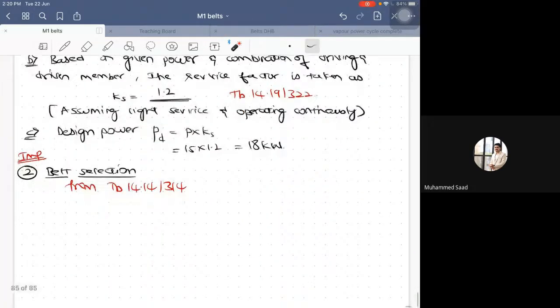So just write this sentence: P_D is equal to 18 kilowatts, which lies in the range of 10 to 70 kilowatts. Select C type of belt. For the first problem, I'll be writing all the statements, guys, for you to make sure of the procedure we follow.